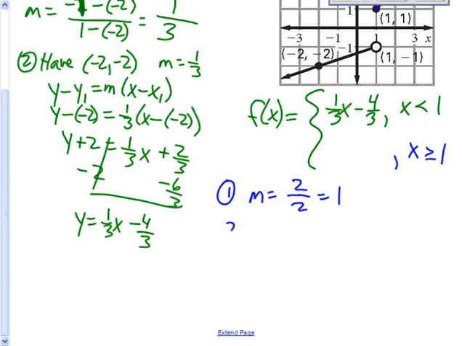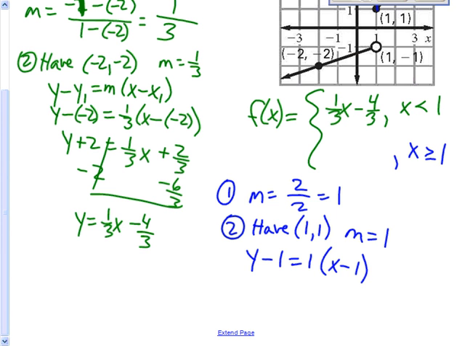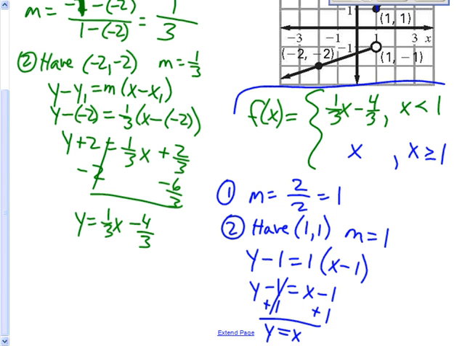So that's step 1, find the slope. We have the point (1, 1), slope of 1, y minus y1 equals m times (x minus x1). Distribute the 1, add that. Hey, look at that, y equals x. f of x equals x. There's the equation of that function.